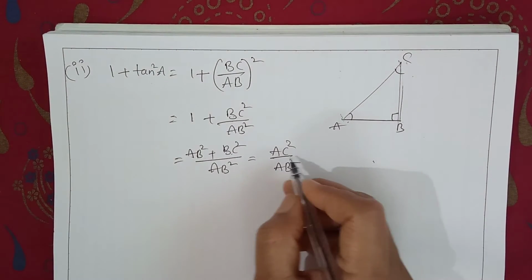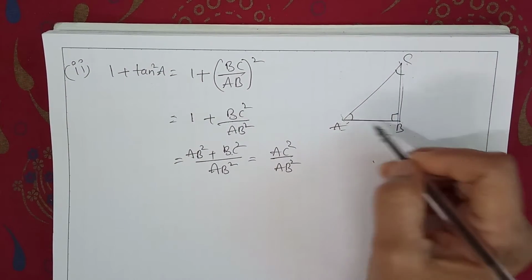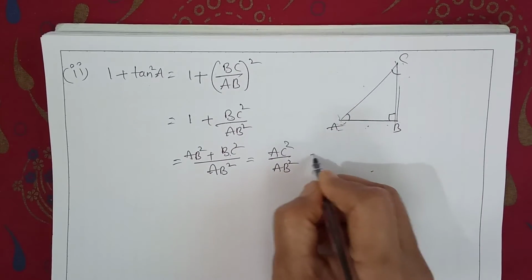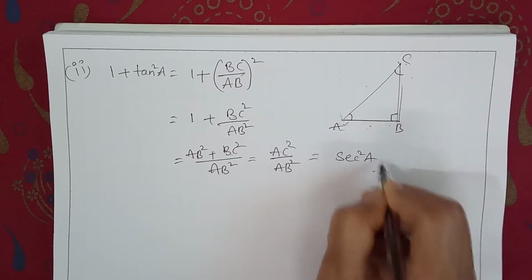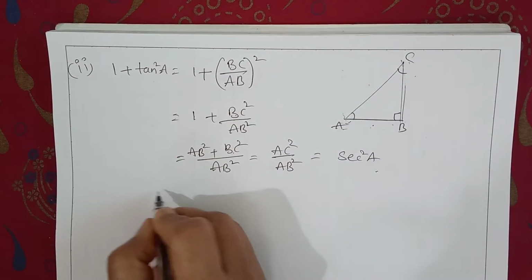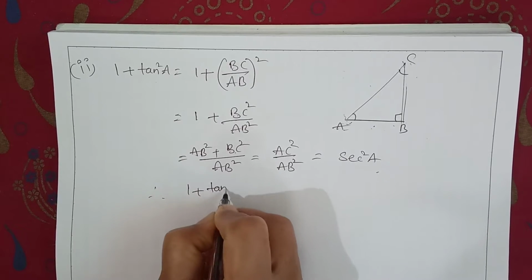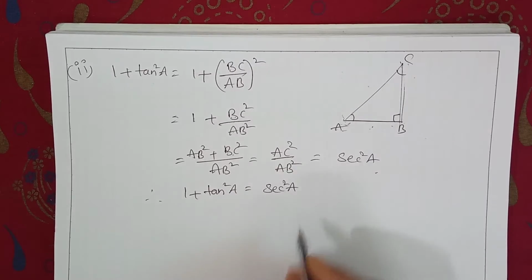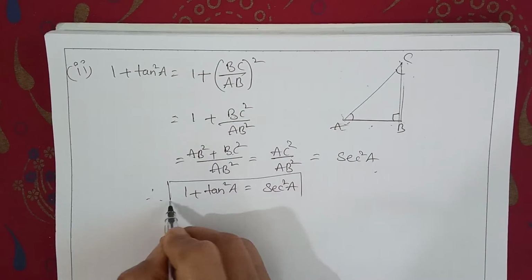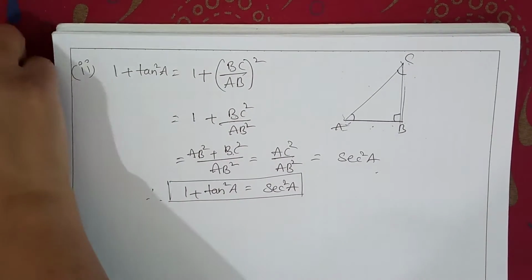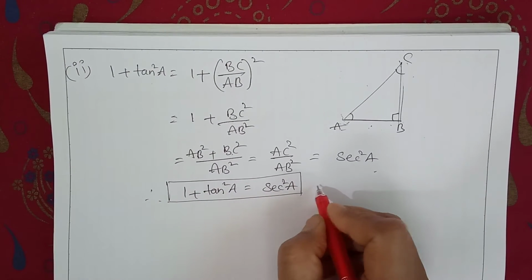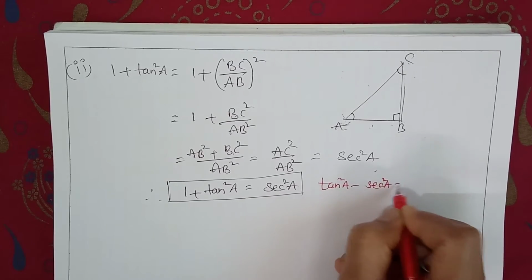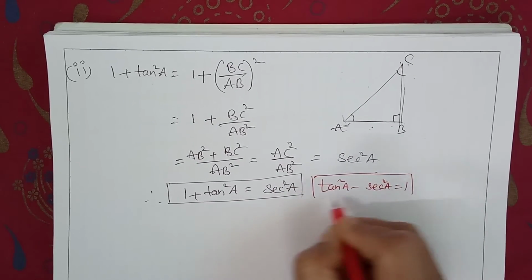Now what is the AC by AB relation? This is hypotenuse by AB. Hypotenuse by AB is what? Sec square A. Therefore 1 plus tan square A is equal to sec square A. Next, from this we can also find another relation: tan square A minus sec square A is equal to minus 1.